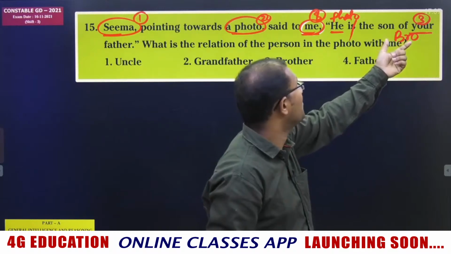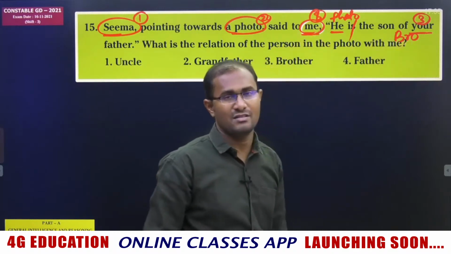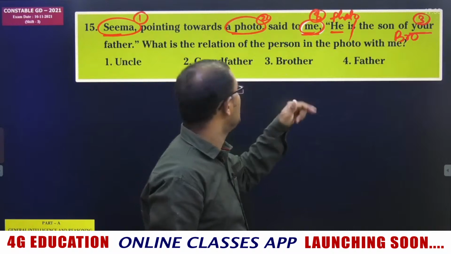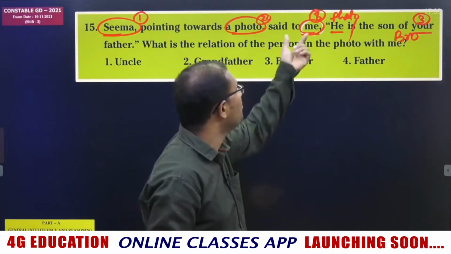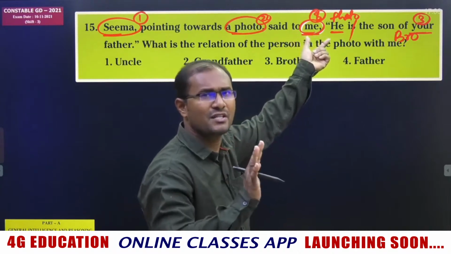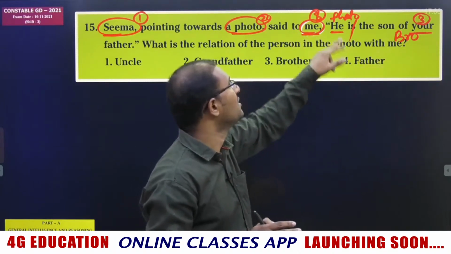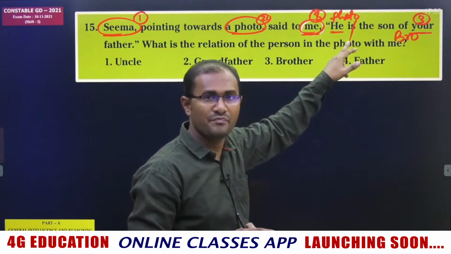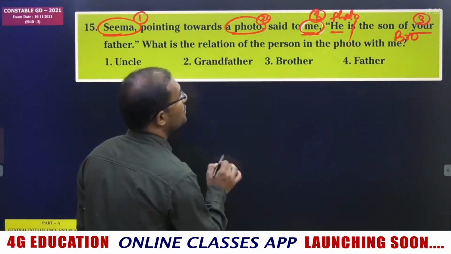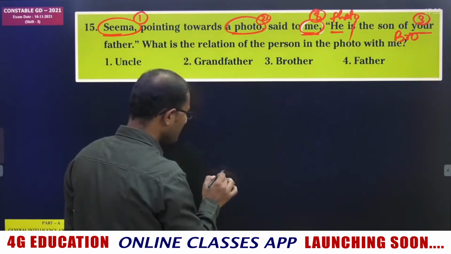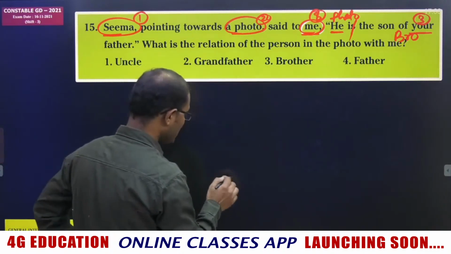So this person is the brother of the third person. Yes, the son of your father means your brother. Whose brother? Me. That person's brother is the person in the photo.